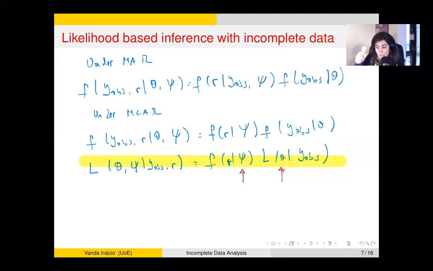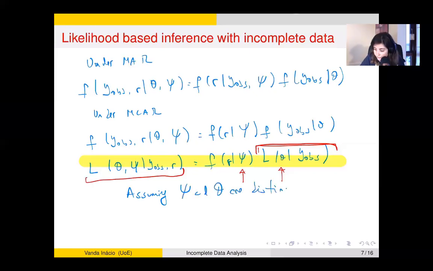If they are different, in case they are scalars, or if they don't have any parameter in common, in case they are vectors, and I'm interested in performing estimation for theta, maximizing this likelihood to obtain inferences or to estimate theta, the only part that I need to care about is this one, assuming psi and theta are distinct.